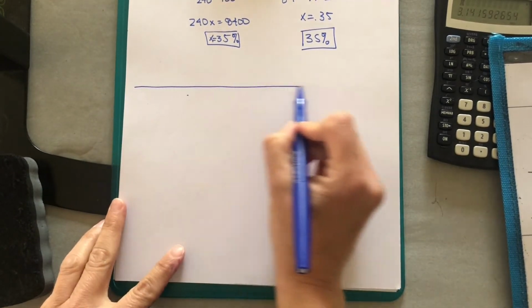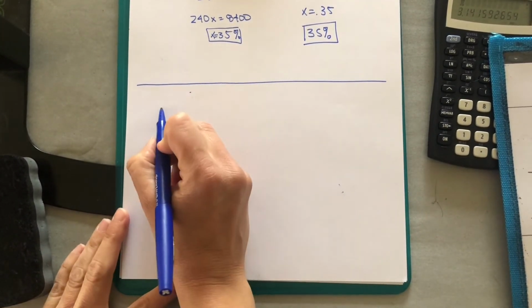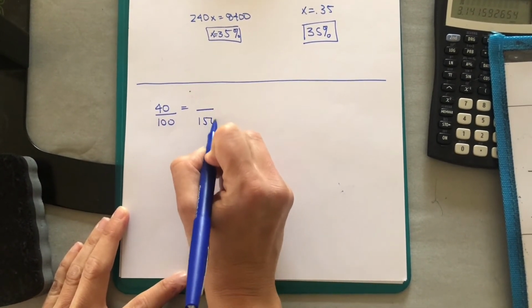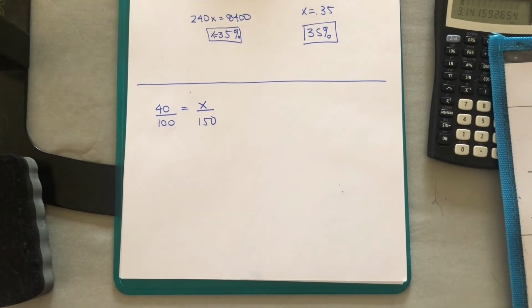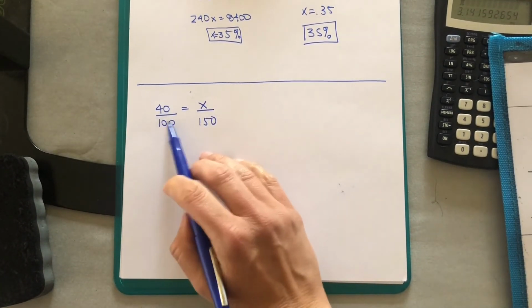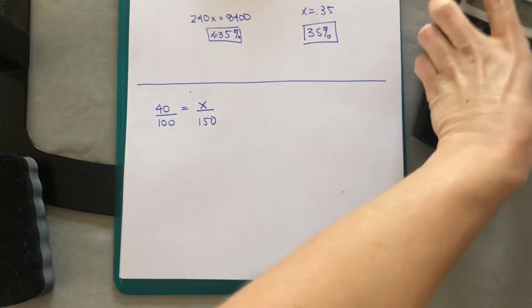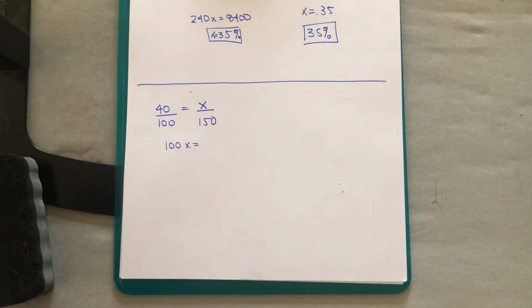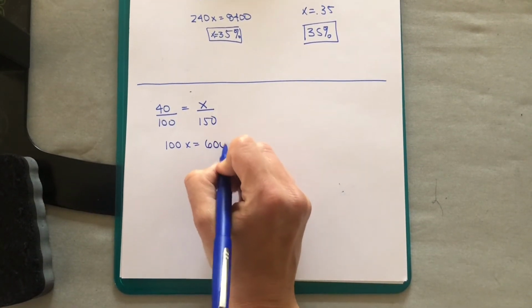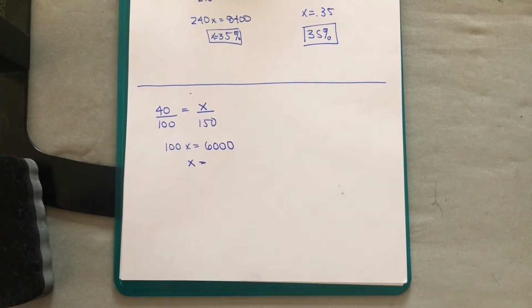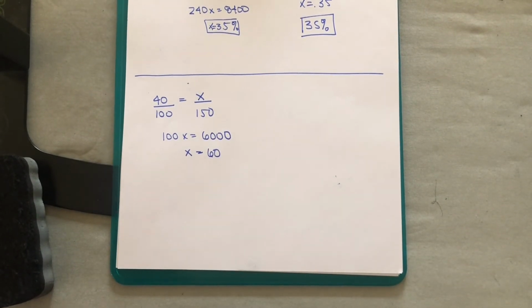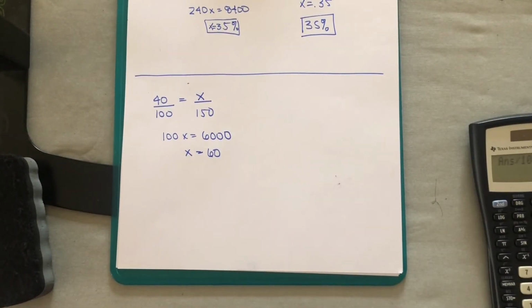If I first want to find 40% of 150, I'm looking for that amount. So what is 40% out of 150? And if I use my cross products, x equals 60. So what that means is that the 40% was 60 more leva.